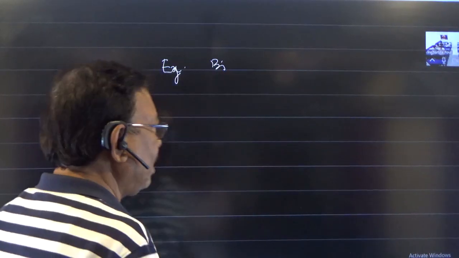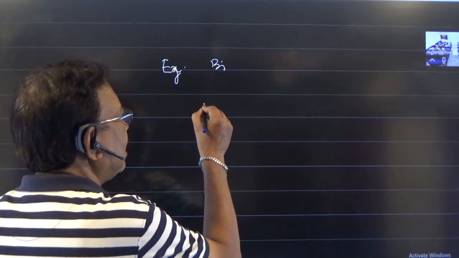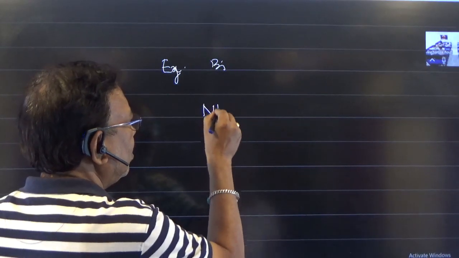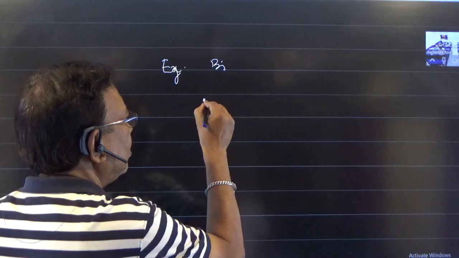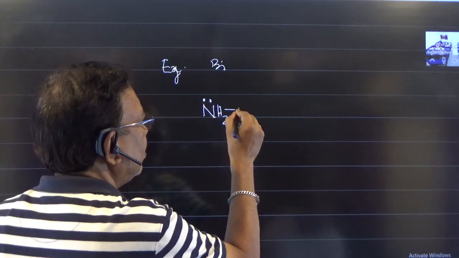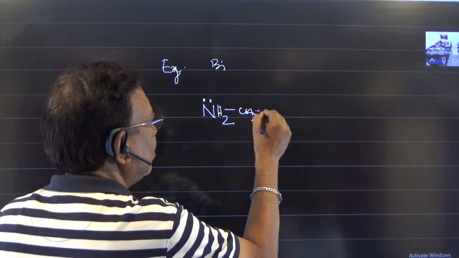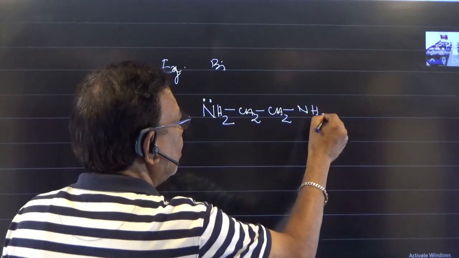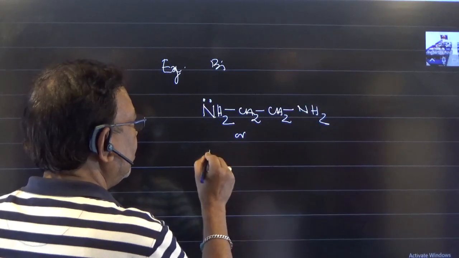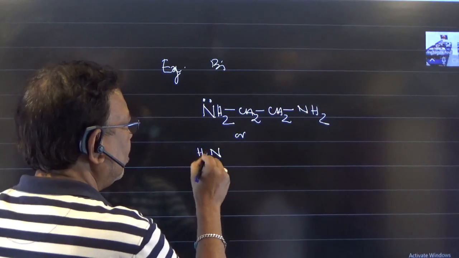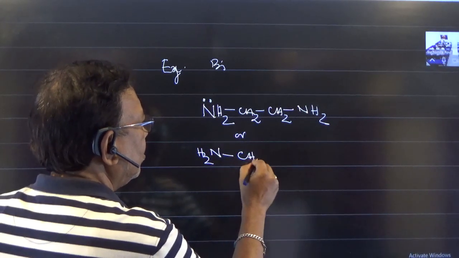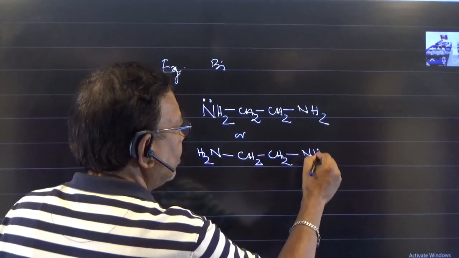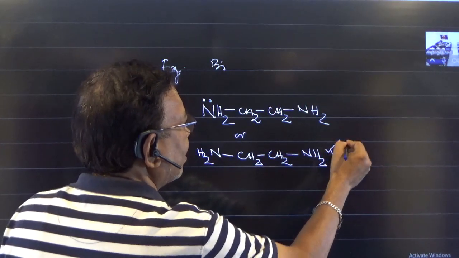Okay, let me give the example. Ethylene diamine. The second one is the correct method of writing.